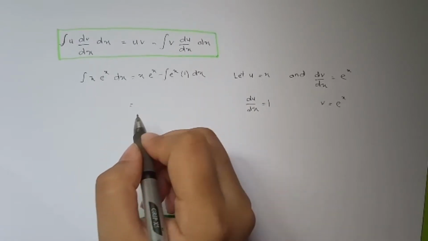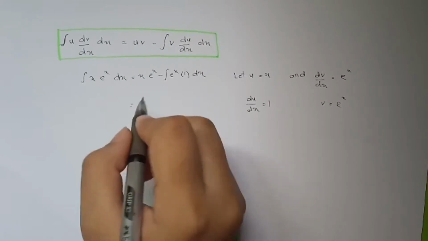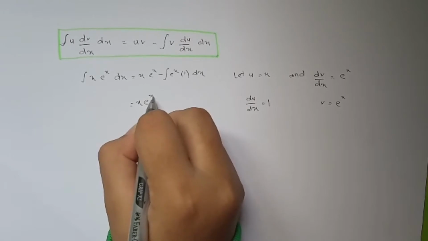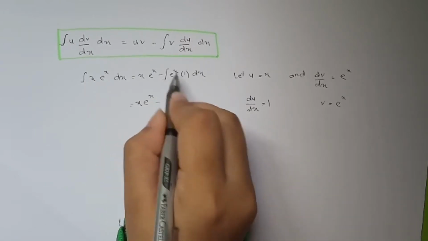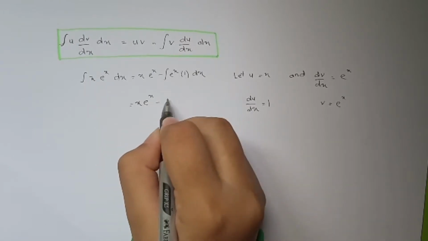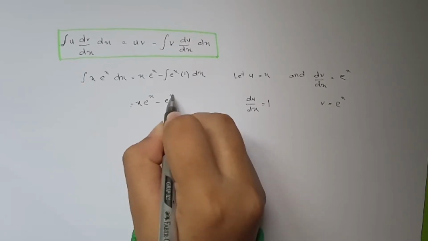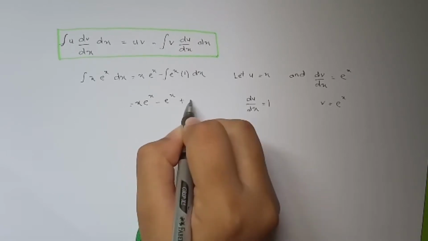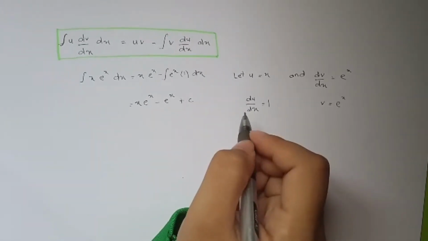So we get here x e to the power of x minus integrating e to the power of x, simply we get e to the power of x, plus constant of integration.